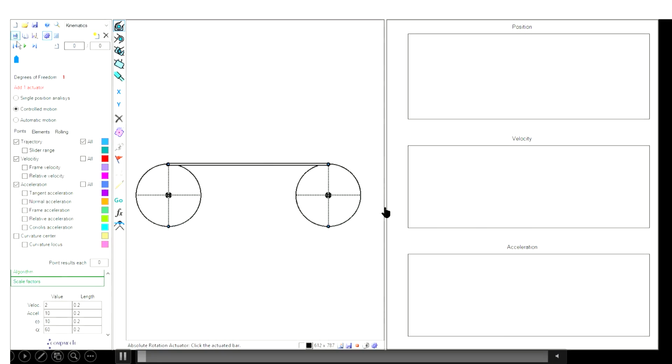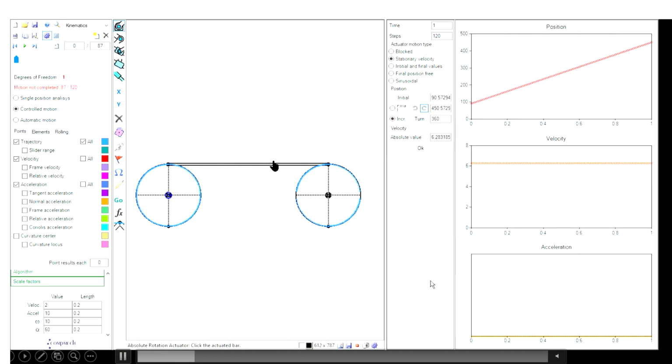This is the simulation in GIMP software for the two pulley bandsaw. As you can see, we have two pulleys connected with one rod.